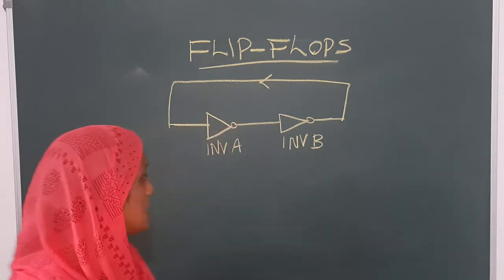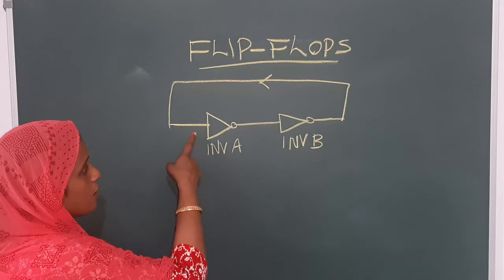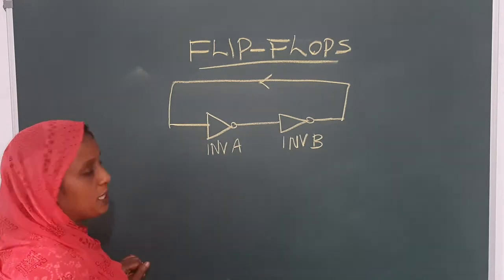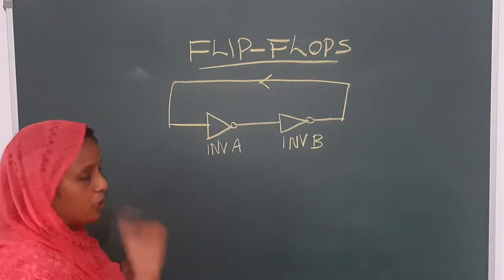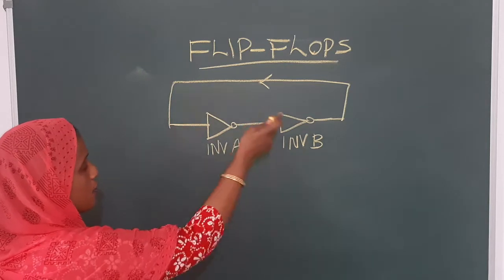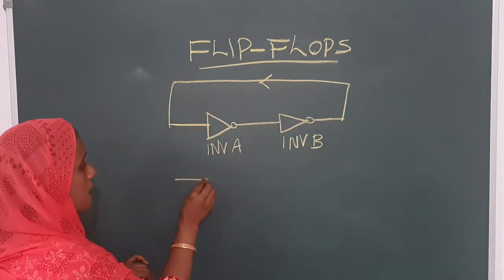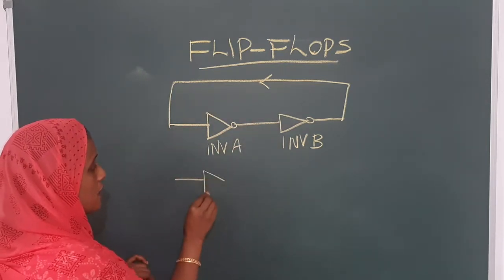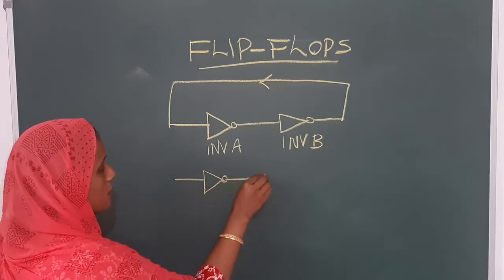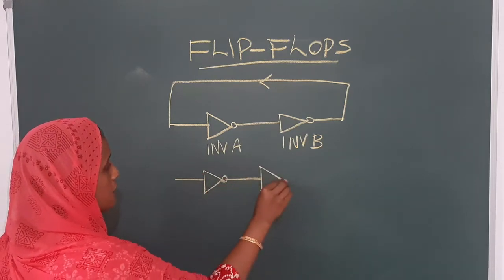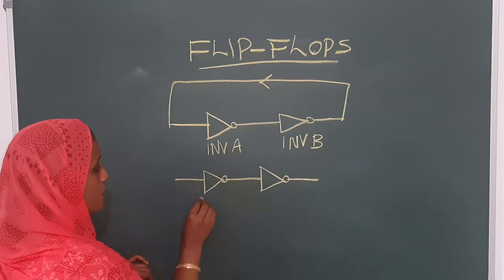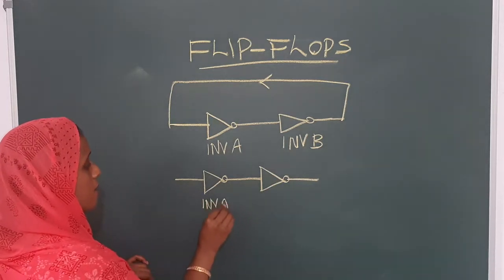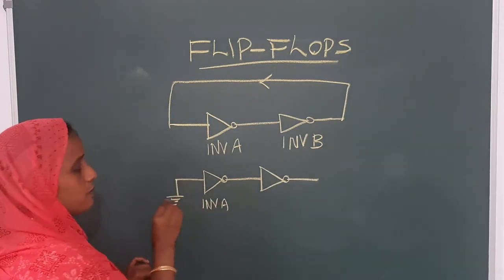For example, suppose the input of A is initially 0. Suppose there is no feedback and our circuit is like this, inverter A and inverter B. Suppose this is grounded.